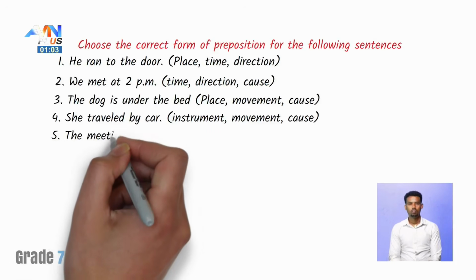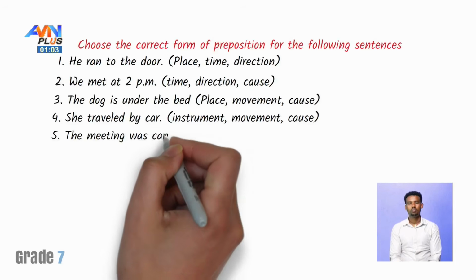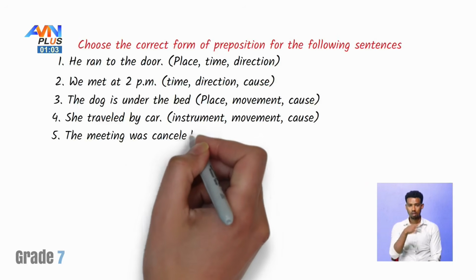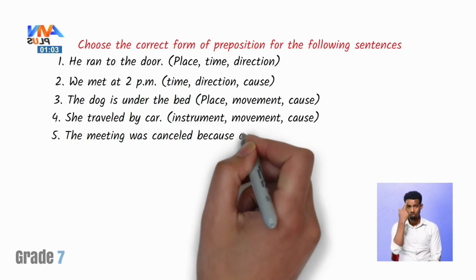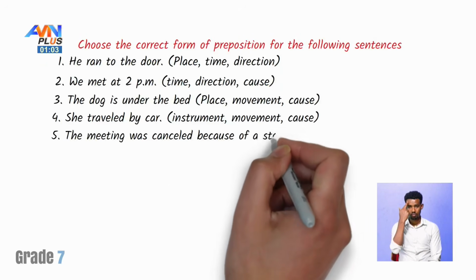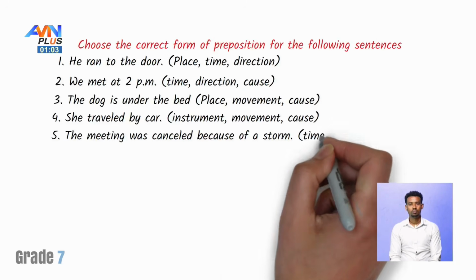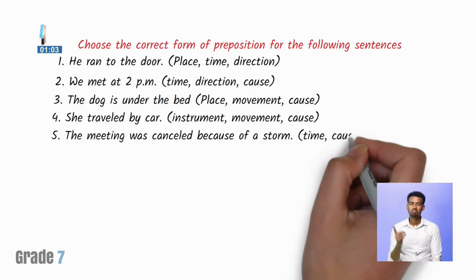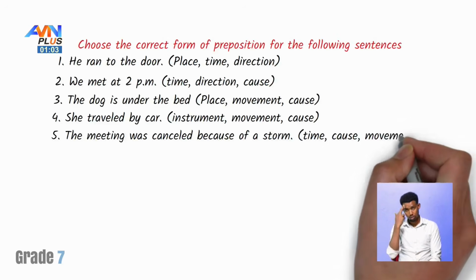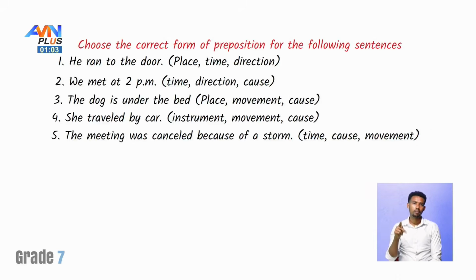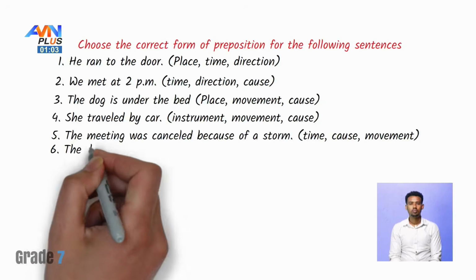Number 5, the meeting was canceled because of a storm. Is it preposition of time, cause or reason, or is it movement?